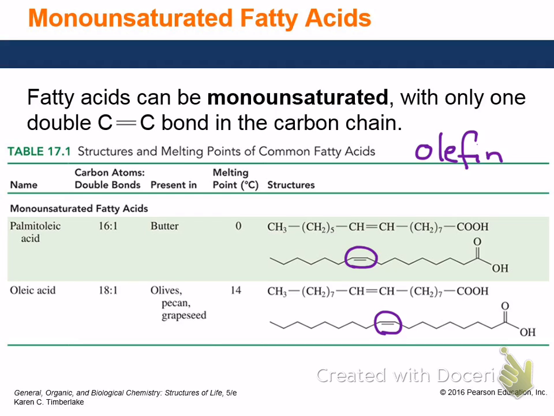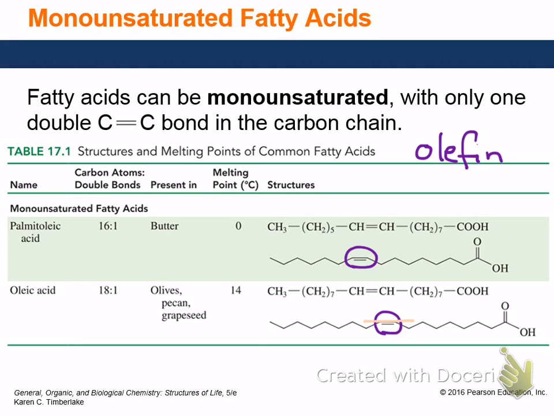Is that cis or trans? So, how do you know? They're on the same side. Like if you were to draw a line through here, like that, both the carbons, or both the hydrogens, either way you want to look at it, come off on the same side.